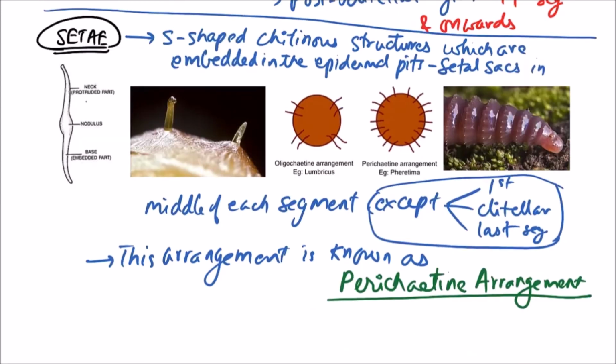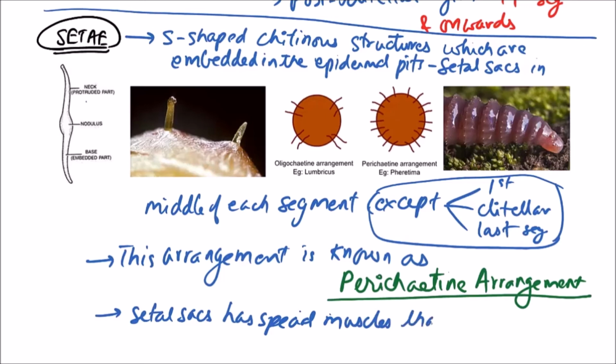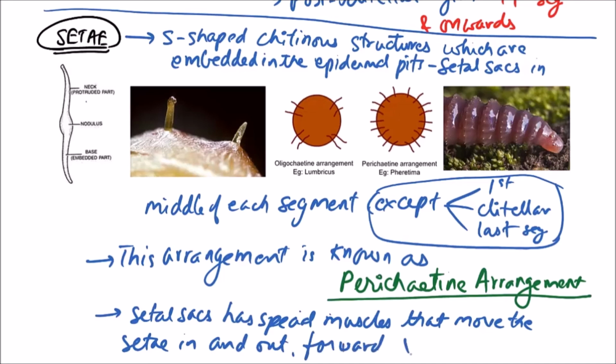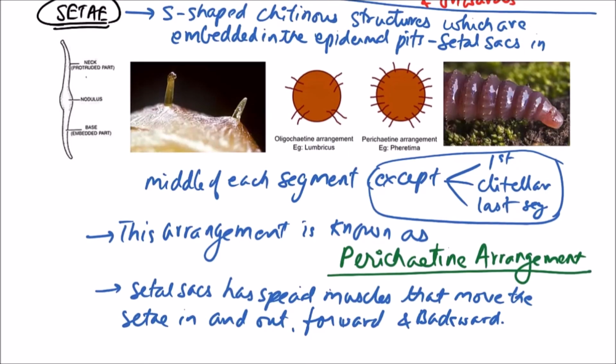Setal sacs have special muscles that move the setae in and out, forward and backward. The setae are having three parts.